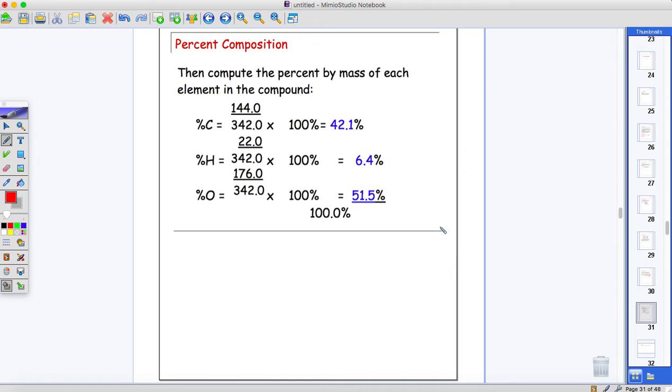So mine's going to be 6.49 instead of 6.4. And then oxygen will be the same. Should be close to the same because we did the same thing.